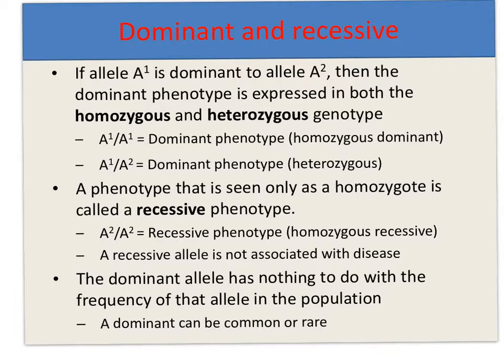So A1, A1, it's going to, of course, express a dominant phenotype. A1, A2 is heterozygous, but it's still going to express the dominant phenotype. It's only the recessive, A2, A2, that you'll get the recessive phenotype, only if you have two copies of A2.